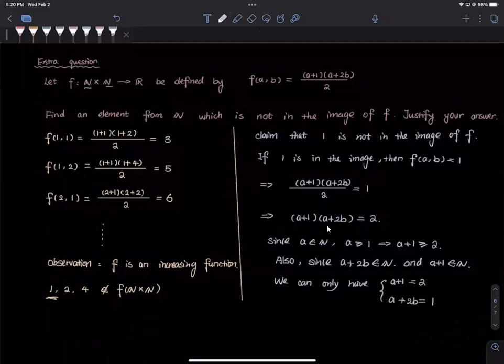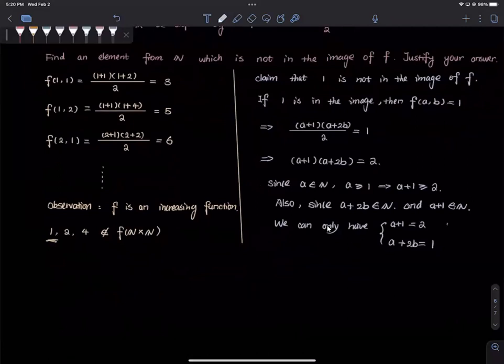And now you can solve for this. In this case, this is 1, this is 2. So from 1, we have a equals 1. We can sub into 2. You have 1 plus 2b equals 1, which means 2b equals 0 and b equals 0.